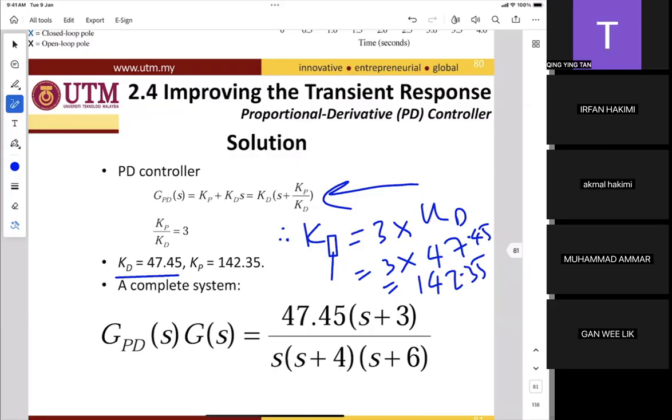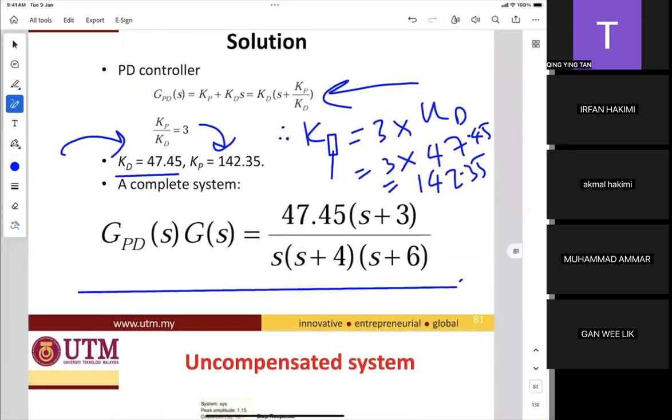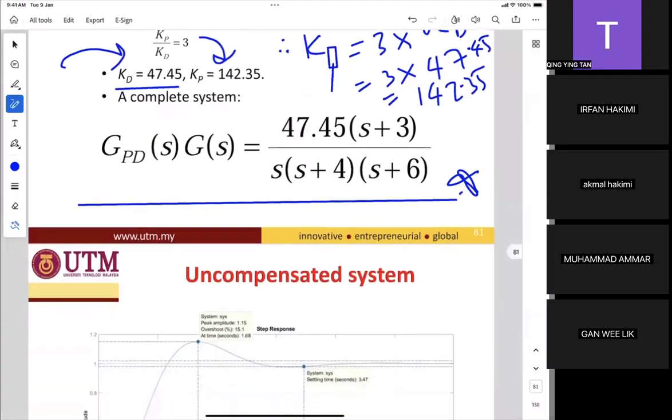So this is how we get the Kp value and Kd value. These values will be inserted inside the hardware, either a digital controller or an analog controller. So this is how we calculate the controller.